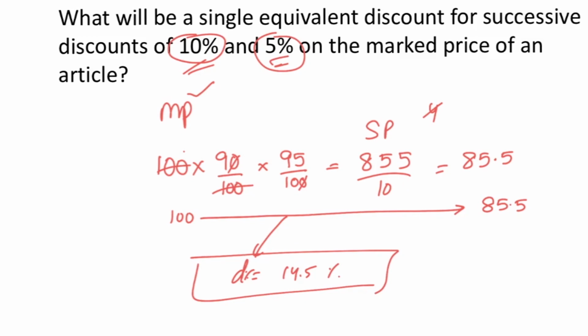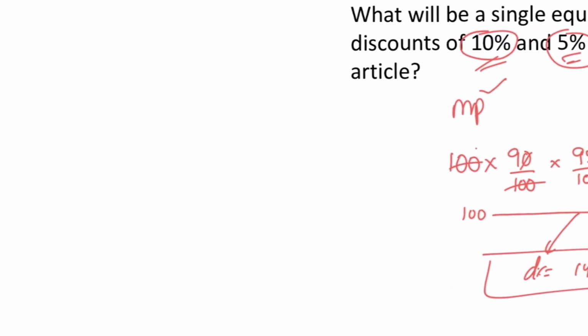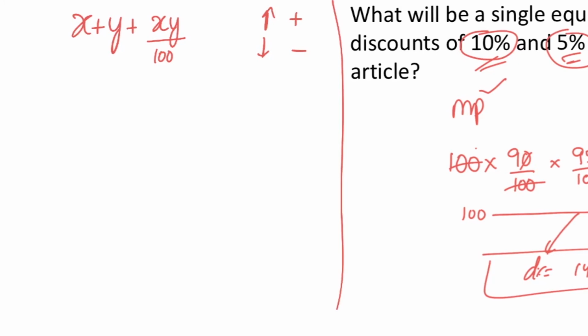And there is another method also. In percentage, I already told you, for combining percentages, we use the formula x plus y plus xy by 100. If it is increment, plus. If it is decrement, minus. In this problem, both are decrements, 10% discount and 5% discount. So minus 10, minus 5, plus minus 10 into minus 5 divided by 100.